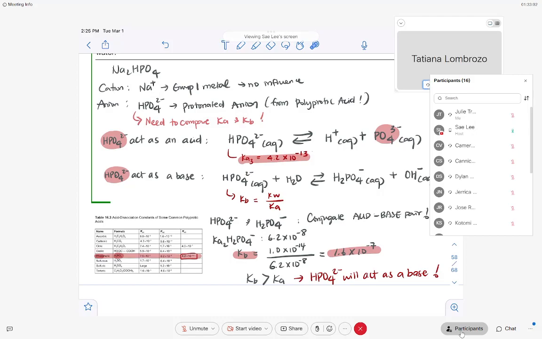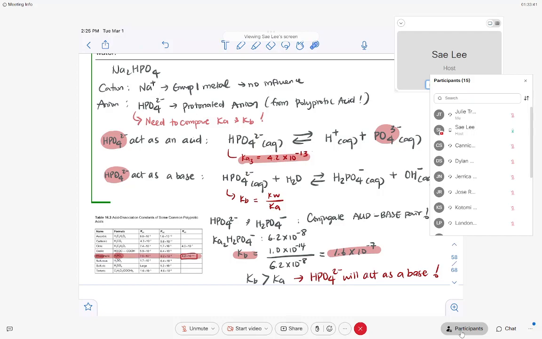What about Kb? Same thing for Kb. The higher the Kb value, the more likely this compound is going to produce hydroxide. So now you're comparing the Kb value and the Ka value. If you compare the numerical values, 4.2 times 10 to the negative 13 versus 1.6 times 10 to the negative 7, which number is larger?